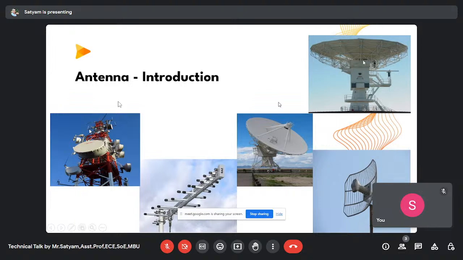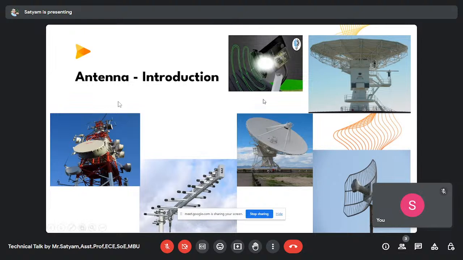These are the variety of applications, right from mobile to big reflector antennas like this, of various frequencies and various sizes for different applications. So antenna is inevitable. I would like to show a video here, a demo for the antenna.